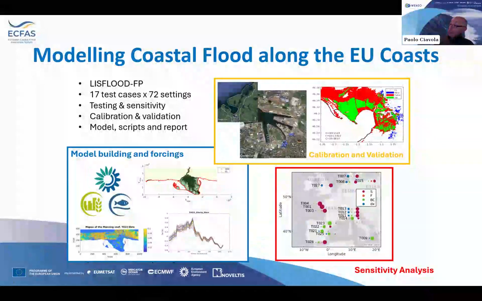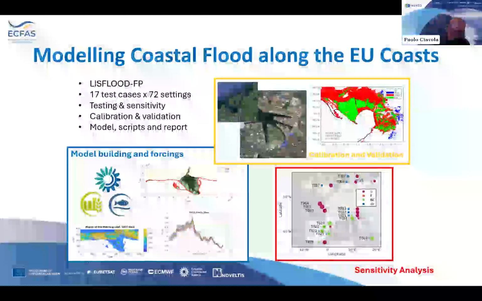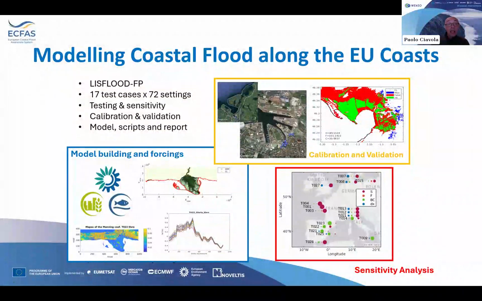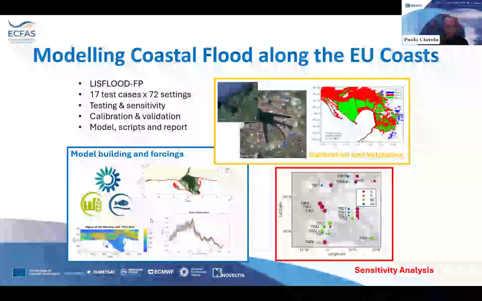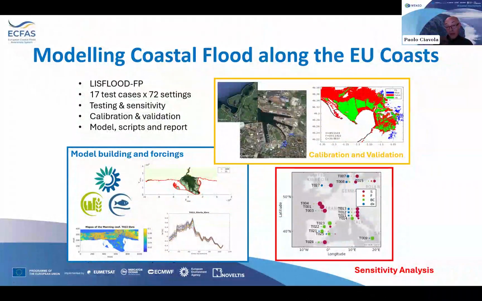You can find this again in the project description, and soon this will be released at the European scale. The forcing is provided by the Copernicus Marine Service, and all the other information on land use and so forth is provided by the coastal land use cover, which was mentioned by a speaker before.